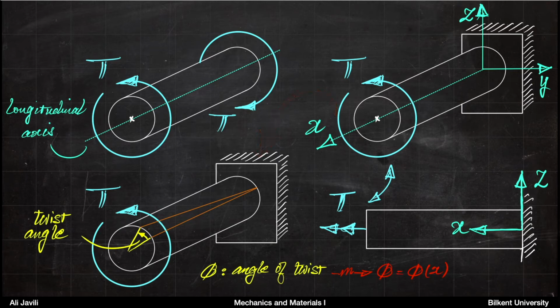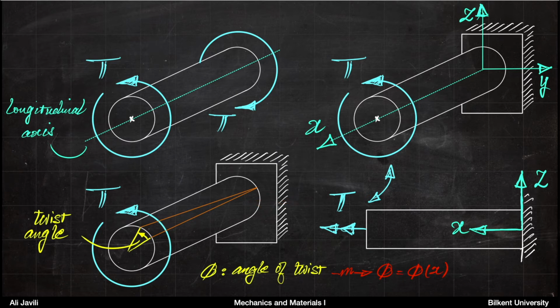Essentially you can imagine that at the base where it is fixed, the angle of twist would be 0 because you would get 0 twist. And then maybe from the picture, you can imagine that the further you come, the angle of twist will increase. In other words, you can assume that the angle of twist phi is a function of x. So you can see that from the picture.